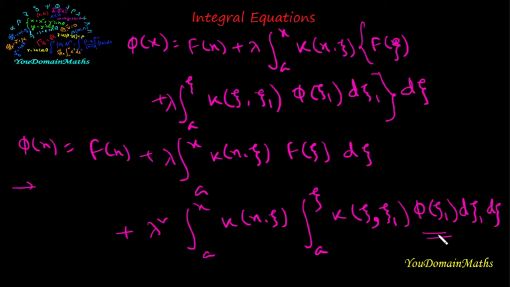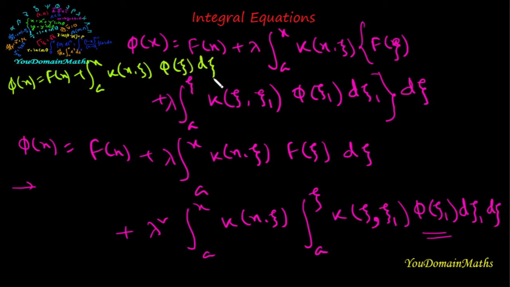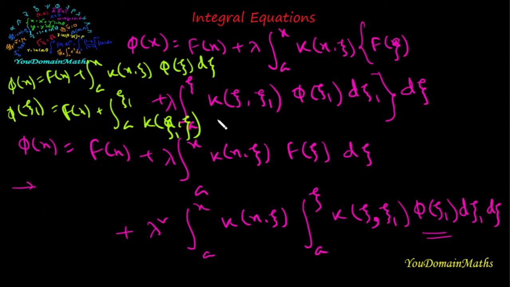and again we substitute phi of xi1. So what is the value of phi of xi1? Since phi of x equal to f of x plus integral from a to x kernel K(x, xi) phi of xi d xi, we find the value of xi1, so f of x is sent to xi1, and the kernel K(x, xi), this x is replaced by xi1, and phi of xi d xi.